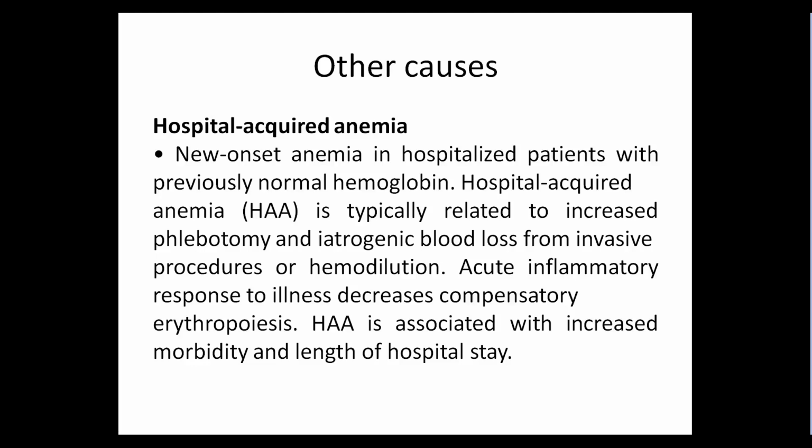New onset anemia in a hospitalized patient with previously normal hemoglobin. Hospital-acquired anemia is typically related to increased phlebotomy and iatrogenic blood loss from invasive procedures, or hemodilution, acute inflammatory response to illness, and decreased compensatory erythropoiesis. Hospital-acquired anemia is associated with increased morbidity and length of hospital stay.